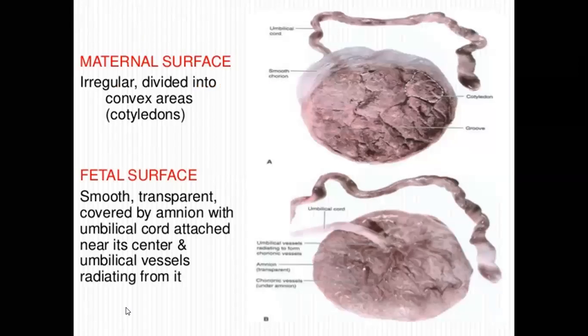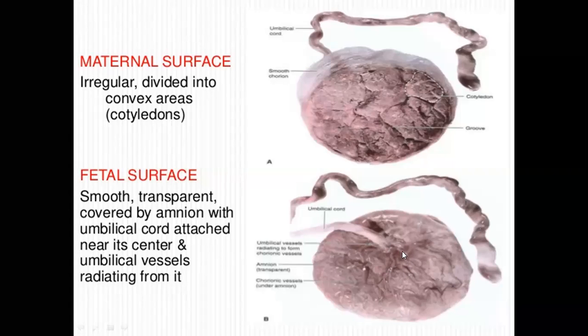So when you see the maternal surface of the placenta, in this you can make out the umbilical cord. The maternal surface is irregular and divided into cotyledons. These are the cotyledons. So it is irregular and convex, but when you see the fetal side, this surface is rather smooth, transparent, and covered by amnion, and with the umbilical cord.